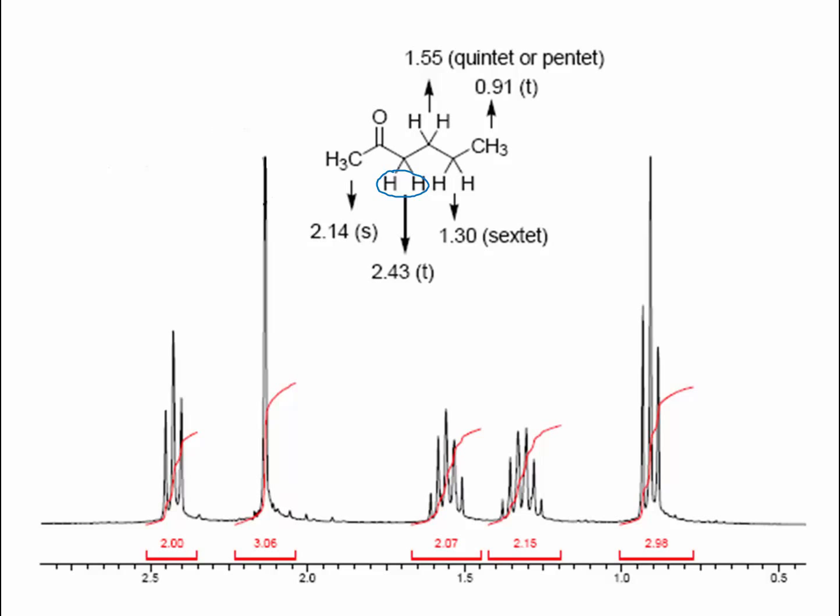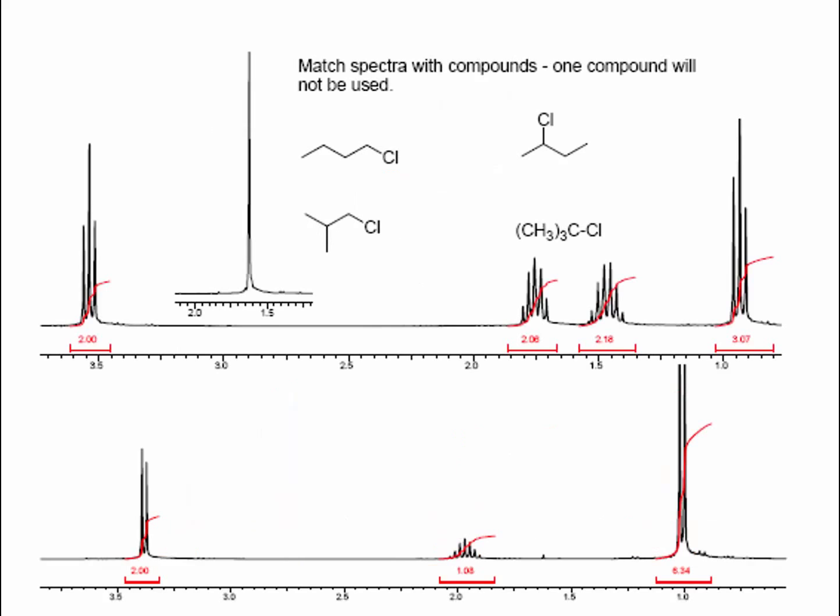And finally, we have another triplet. That's this one. Notice that we have 2 triplets. We can tell them apart because one integrates for 2 and the other integrates for 3. Right? It's 2, almost 3, almost 2. Okay. And this spectrum here is exactly what we expect.